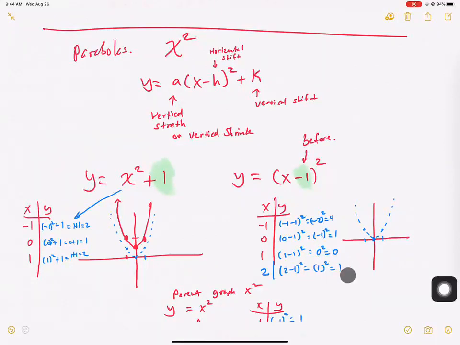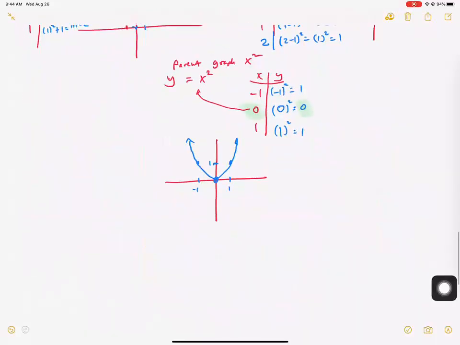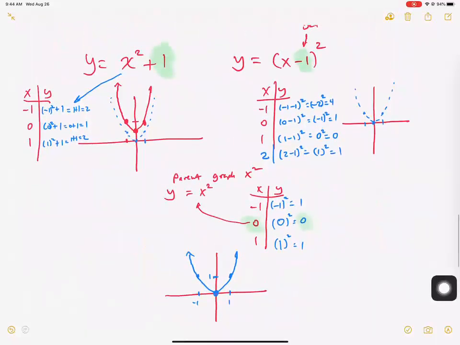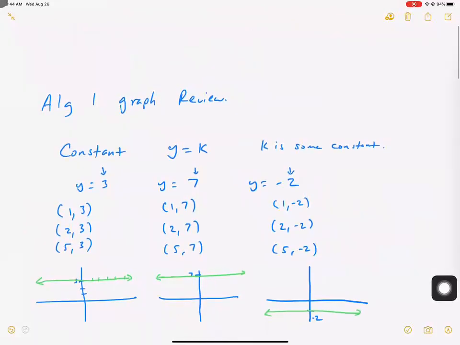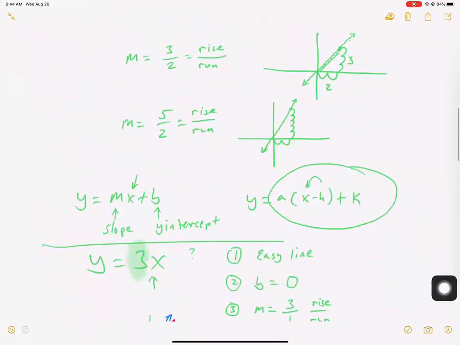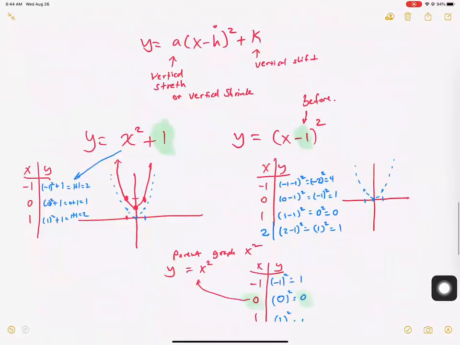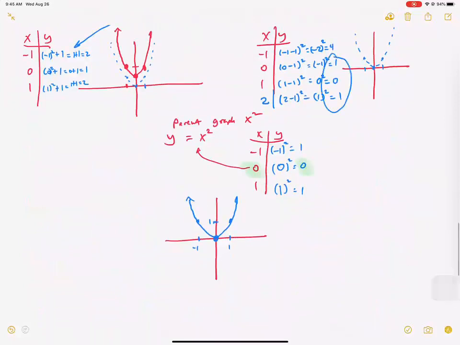Look at the 1, 0, 1 here and the 1, 0, 1 here. These are the same exact numbers, but they happen at different x's now. It got shifted in time.